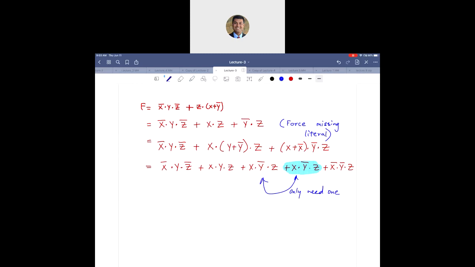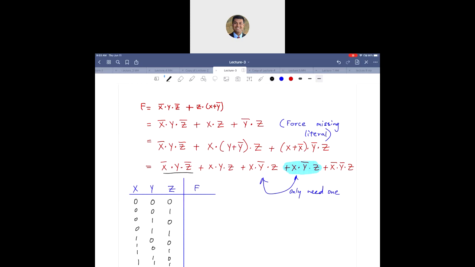Where do they lie in the truth table? X, Y, Z, F. Let's see here. 0, 0, 0, 1, 0, 1, 0, 1, 0, 1: 2 zeros, 2 ones, 2 zeros, 2 ones, 4 zeros, and 4 ones.